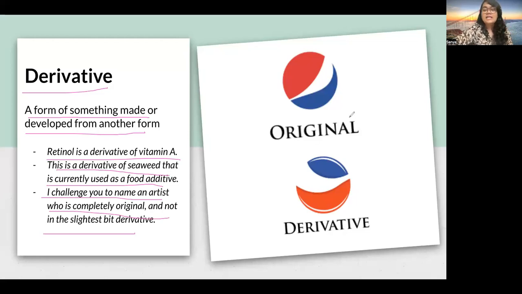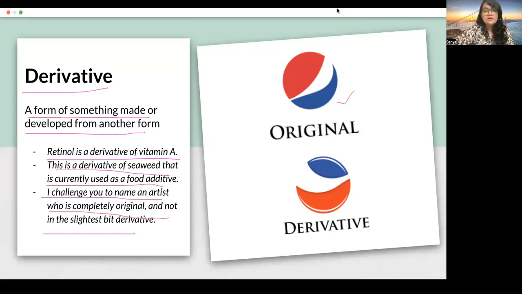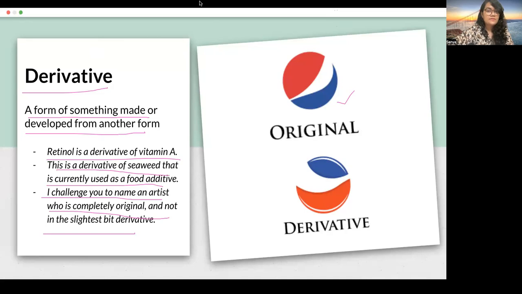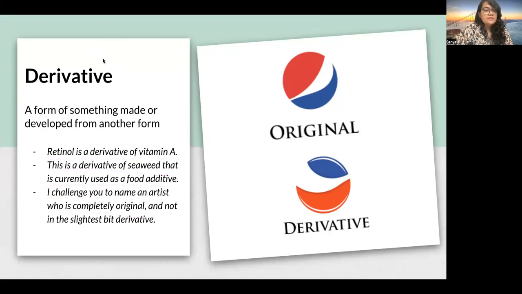So you can see this sign is the original one, and this another sign, which is the derivative, is not the original one. This is formed from the original. So this new sign is the derivative, right? Okay. So derivative, a form of something made or developed from another, right?